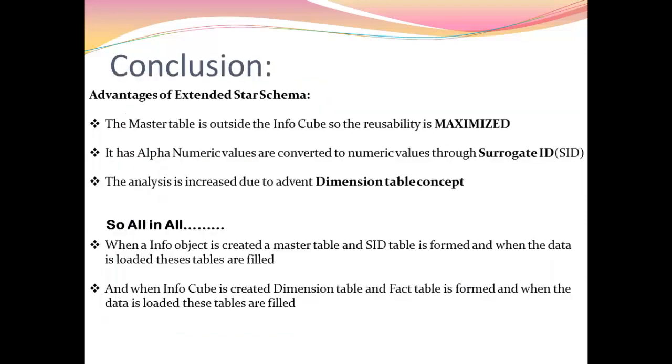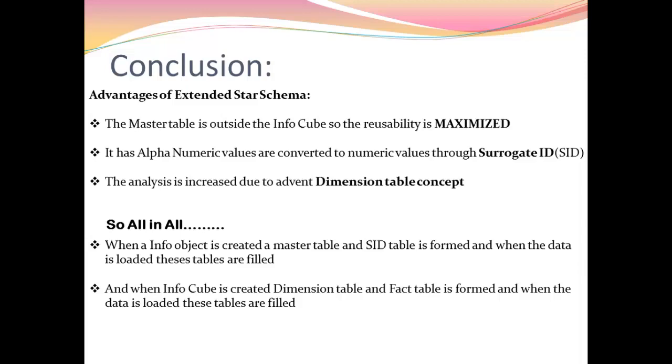The conclusion is the advantage of extended star schema. The master table is outside the InfoCube, so the reusability is maximized. The alphanumeric value is converted to numeric values through surrogate ID. And the last one, with the help of the dimension table, we have improved the analysis.